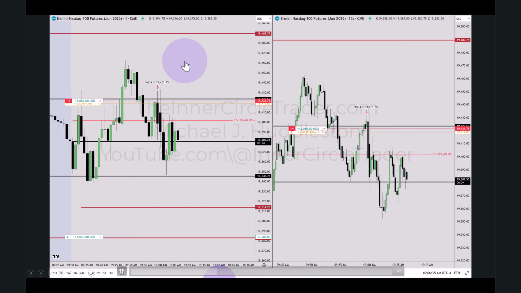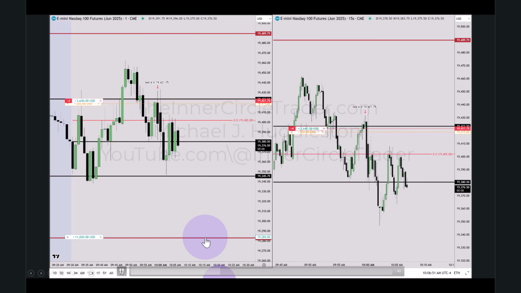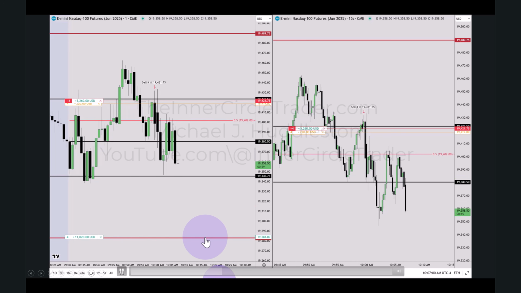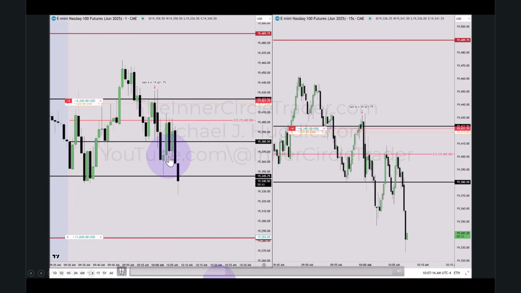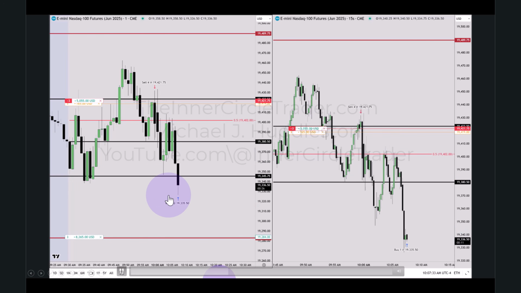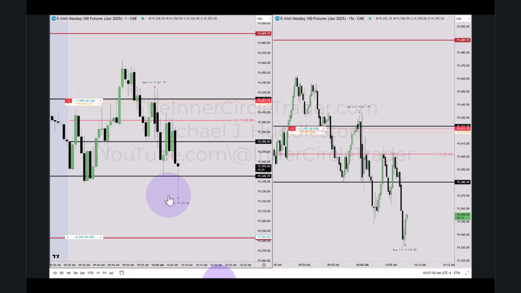And I probably would have taken out the high of Monday and then traded down to here. So either one of those levels, it would have been first, and then the second would be the other level. So we break lower again, took out the old daily low at 19,345.75. And he held price in here a lot.